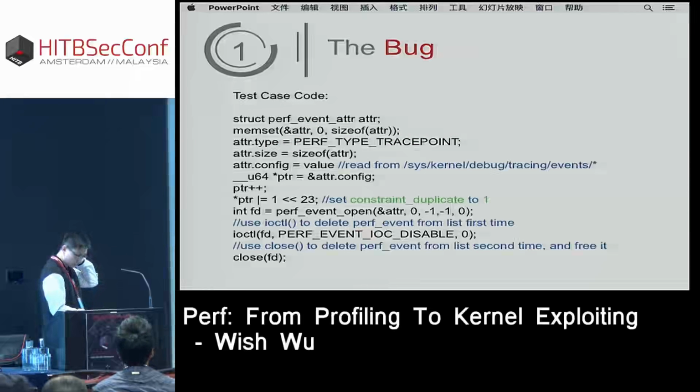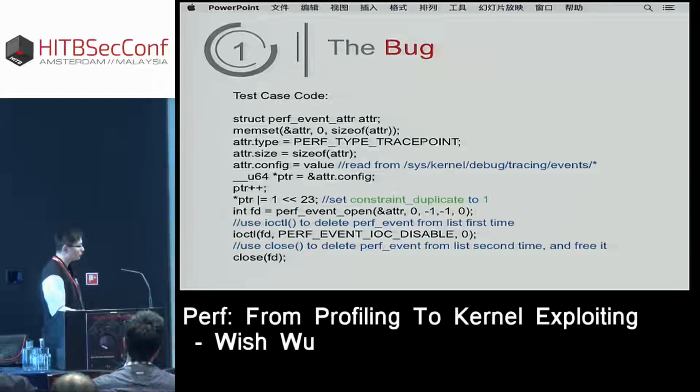Here is the test code. We declare a perf_event_attr, then set type to tracepoint. It is a main point. This variable is not in the standard header file.